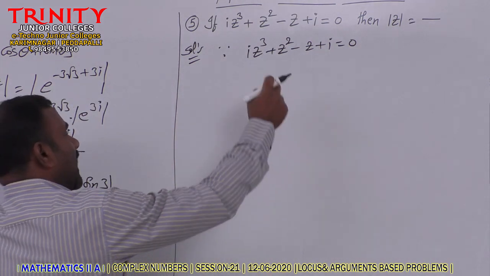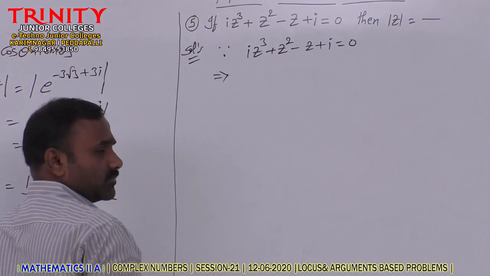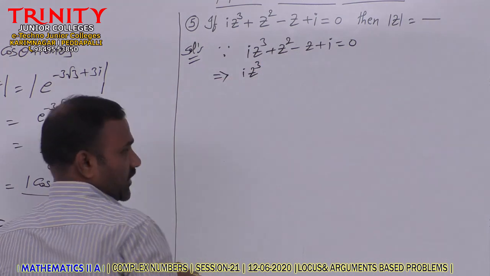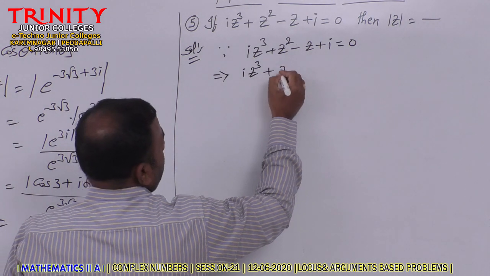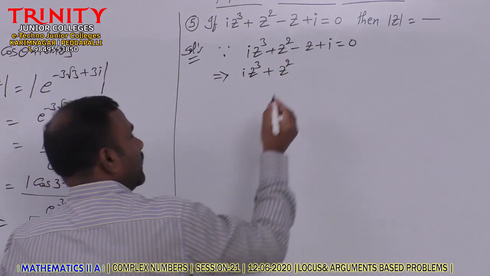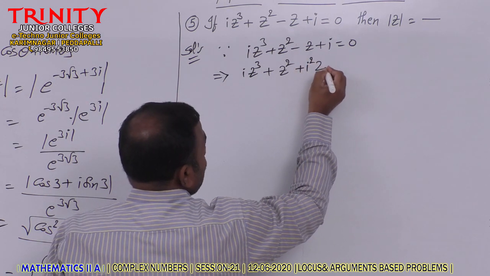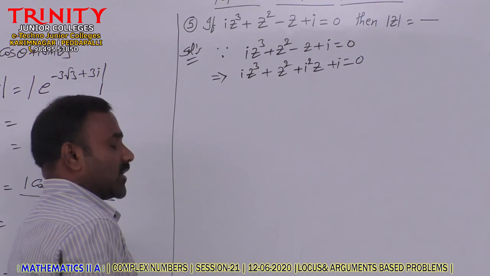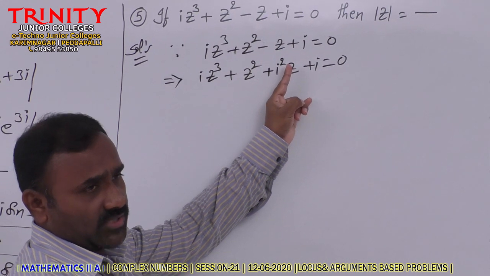To express them as the product of factors, I am changing this equation without changing its originality. Iz cube plus z square, here I am writing plus i square z plus i equal to 0. Why? Because what is the value of i square? I square value is minus 1.